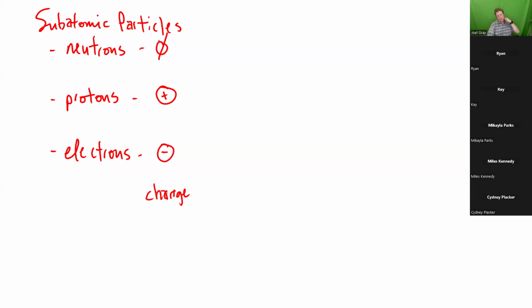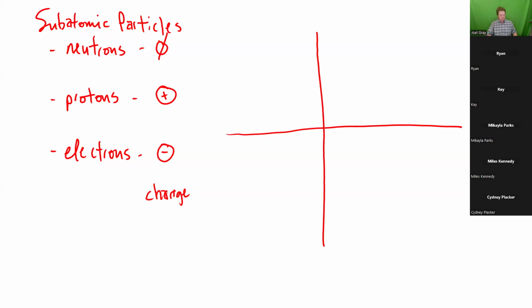Okay. Now, these are important because what they allow us to do is come up with basically a model for what an atom looks like. And one of the things that I talked about last time, and I'm going to talk about again right here, is if you look at this little red cross here, you could also look at this and say that this is an X and Y axis. So this is 2 dimensions.